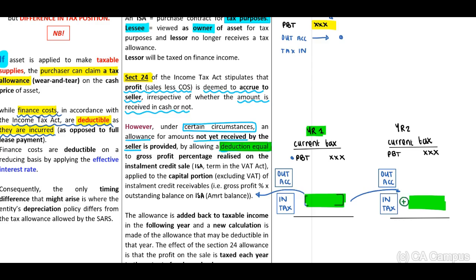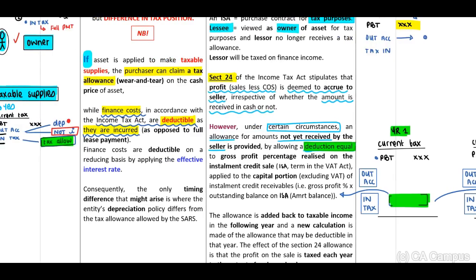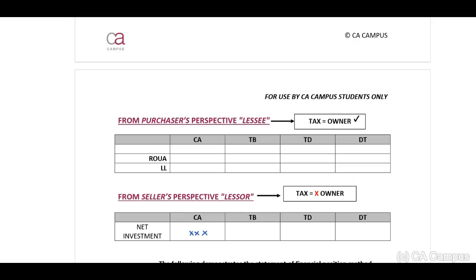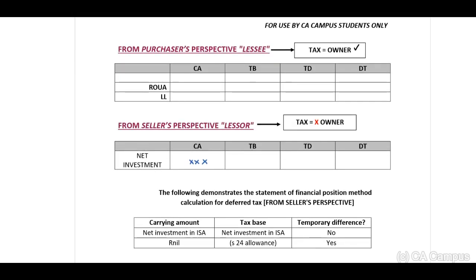Okay, now let's have a look at our implication on our deferred tax. Remember, when you look at this now from the perspective of our lessee will now be our owner. Therefore, the main difference, guys, is that we will now include a tax base.